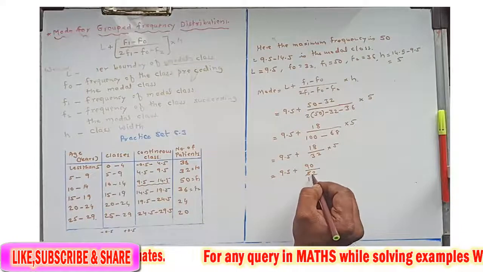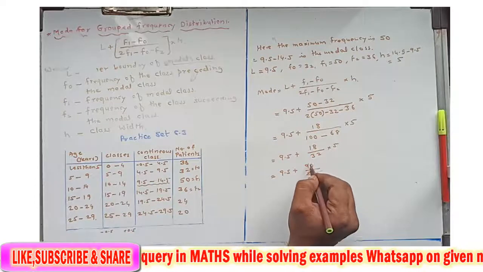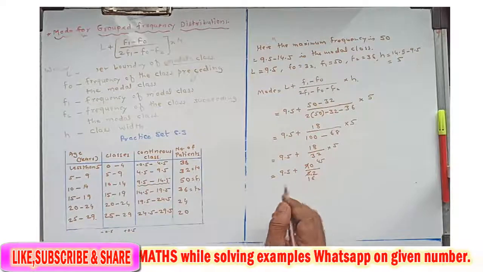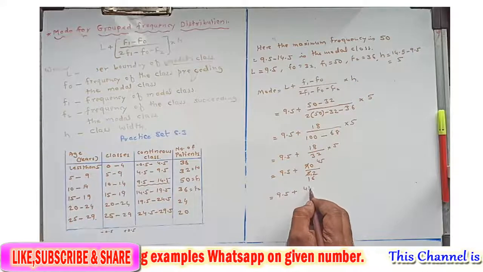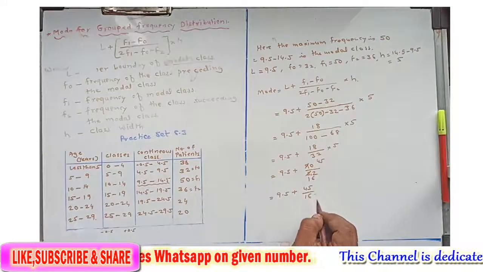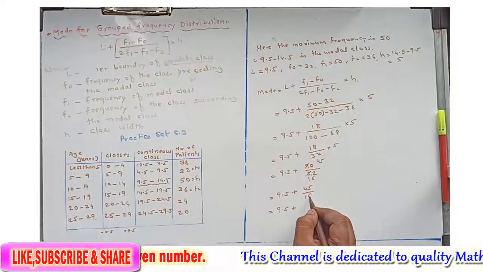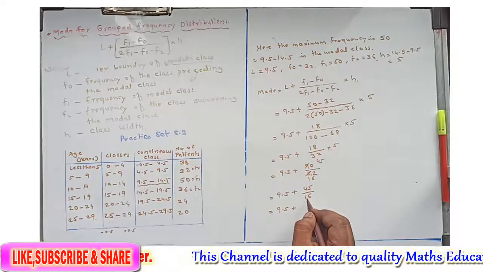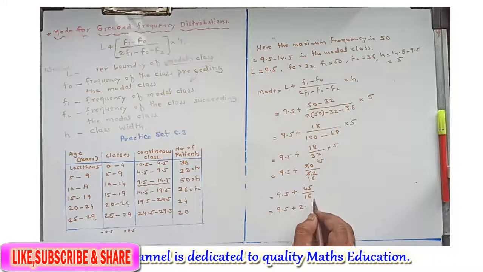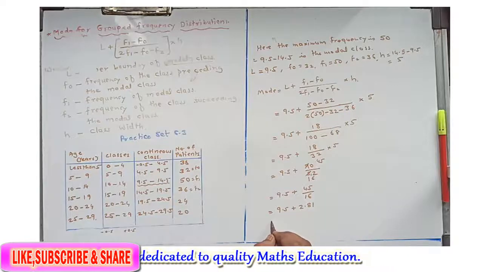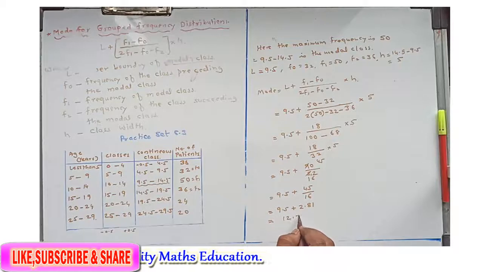So you'll get 9.5 plus 45 upon 16. If you simplify this, you will get the value up to 2 decimal places as 2.81, and by adding these two numbers you will get 12.31.